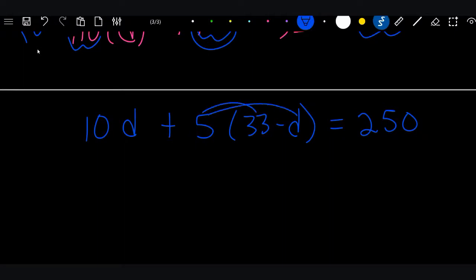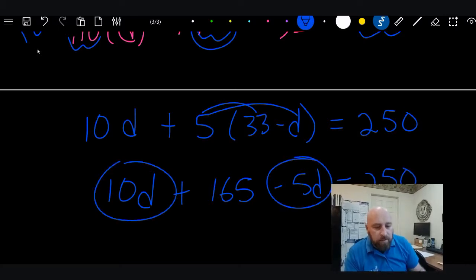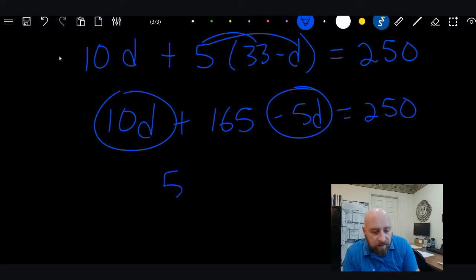And so now we will go ahead and distribute that. So we'll get 10D plus, I don't know, what does that come up to? 165, I think. 165 minus 5D equals 250. We can combine these. And so that's going to be 5D, because we would have 10 minus 5, 5.